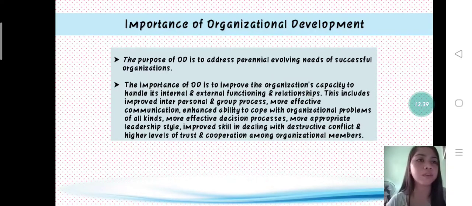So this includes improved interpersonal and group process, more effective communication, enhanced ability to cope with organization problems of all kinds, more effective decision process, more appropriate leadership style, improved skill in dealing with destructive conflict, and higher levels of trust and cooperation among organizational members. So that's why, therefore, organizational development is also one of the important techniques that need to be known, considered, and applied in an organization.